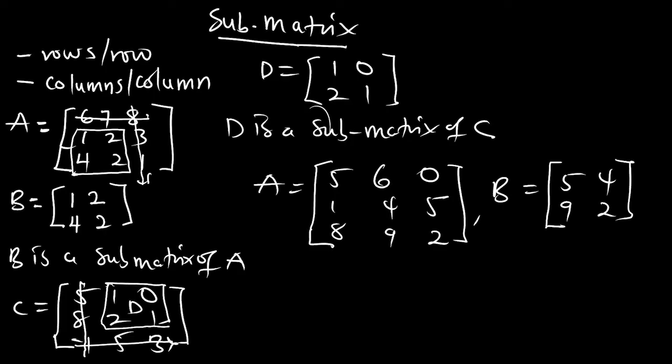Is matrix B a sub-matrix of A? No. Matrix B is not a sub-matrix of A because looking at this part, this 5 is here. Although 9 and 2 correspond, 4 and 5 are different entries in different positions.